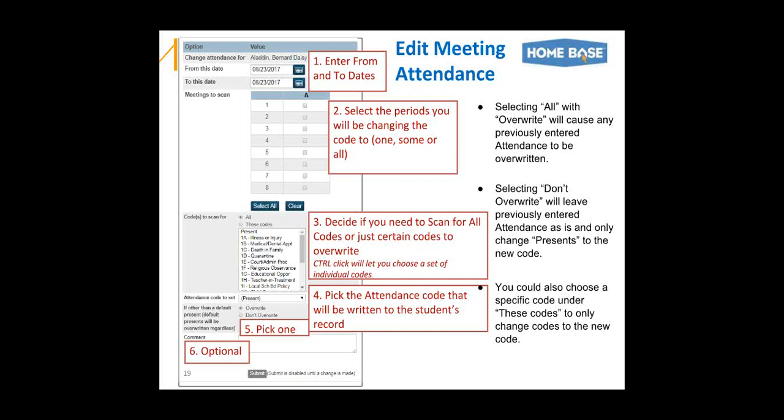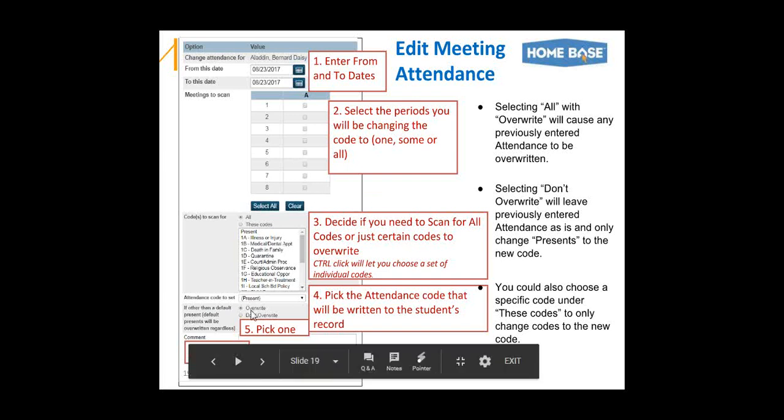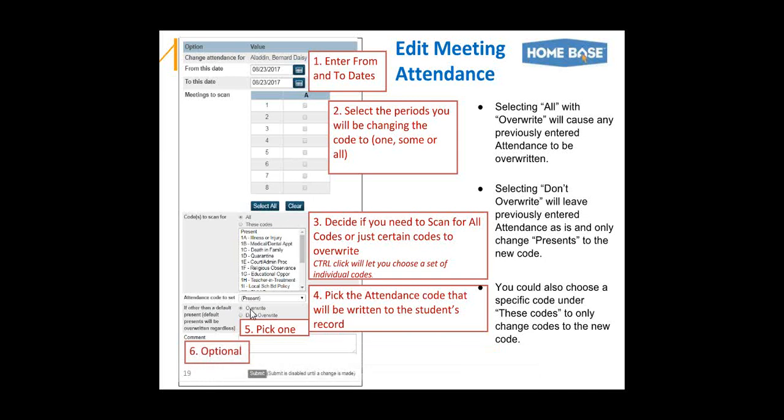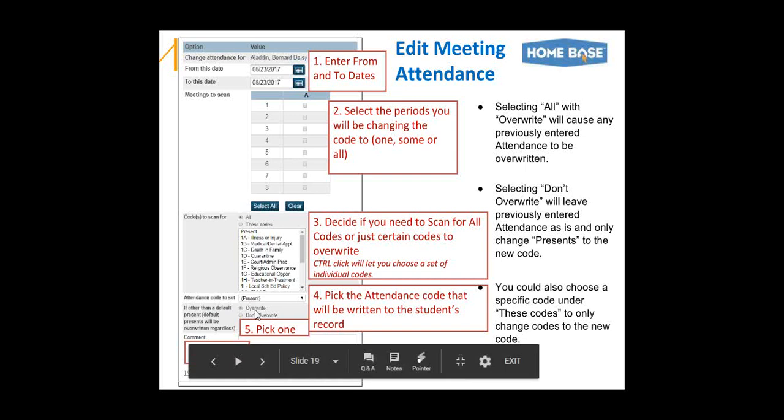Or if I think that it doesn't matter what he's had there before, if he's had any of those codes, I don't care, I'm going to overwrite with the one I choose, then you can leave it blank and have the radio button set to all, and it will look at all of those codes for those periods that I have selected above. And I'm going to choose to overwrite that, which is the bubble down below, to overwrite it. And if I want to put in a comment and pick the attendance code that I want to change it to.